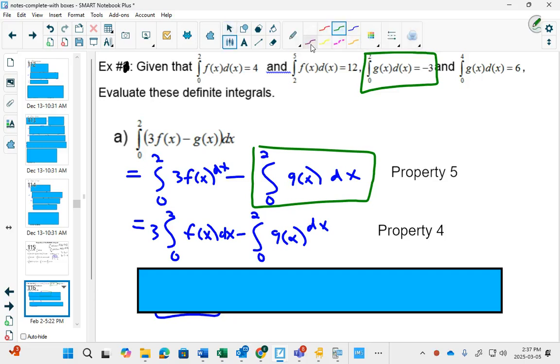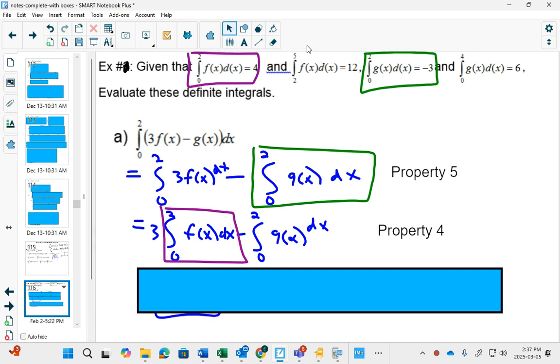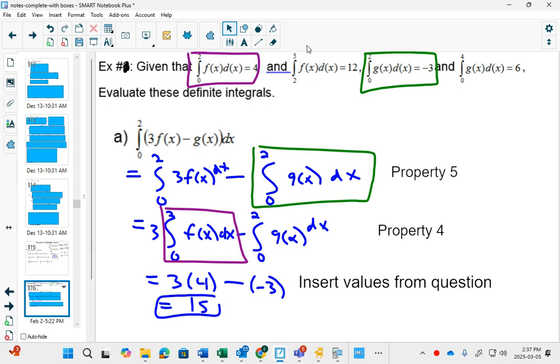What's nice about that is now this matches perfectly with this. So I can replace the purple with 4, and the green box I can replace with negative 3. So I'd have 3 times 4 minus negative 3, and that's equal to 15.